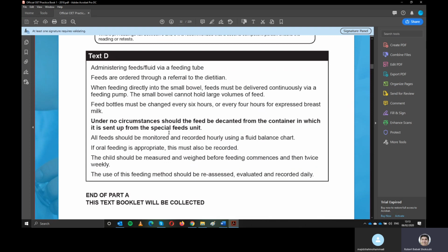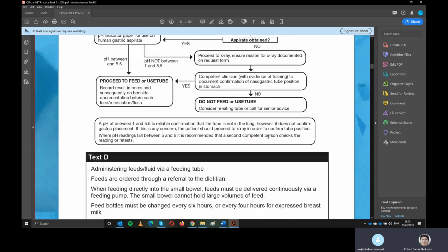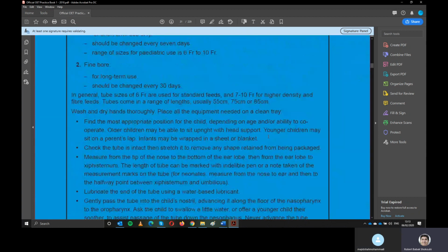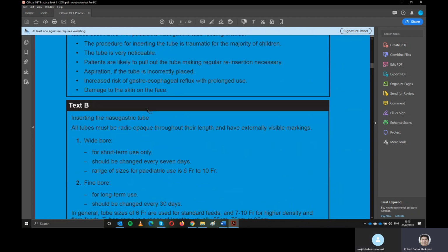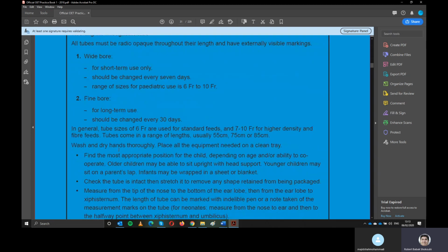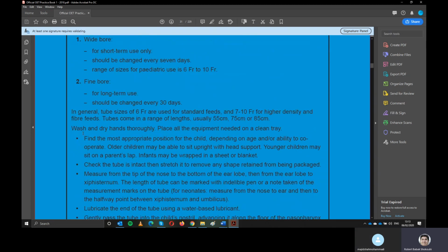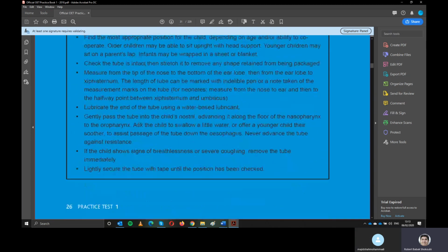So we have a quick look and see what is what. In general, text A talks about the pediatric NG tube and issues. Text B is about the sizes, and then the procedure, how we insert it.